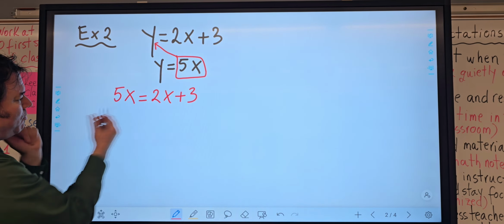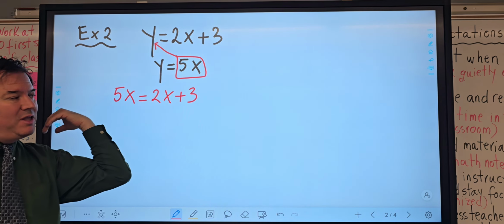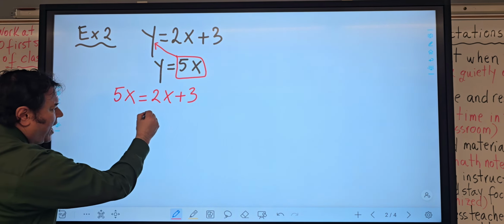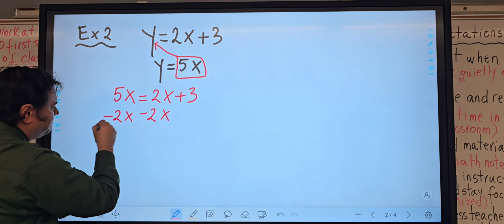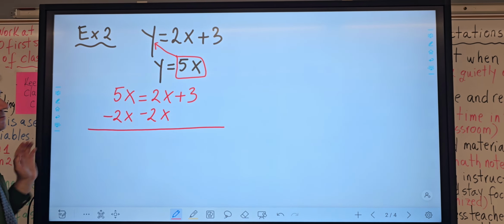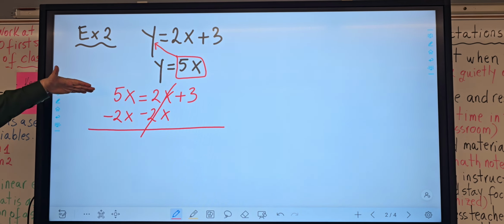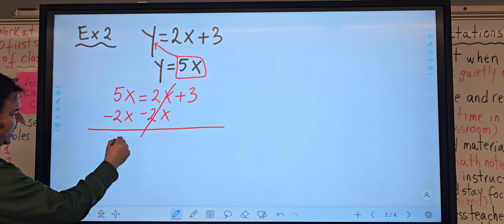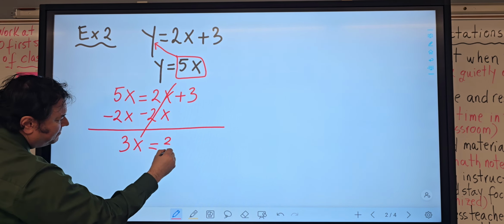We have variables on both sides, so we need to bring all the variables to one side of the equation. So we need to subtract 2x on both sides. Okay? 2x minus 2x cancel out. So now we have 5x minus 2x becomes 3x equals 3.